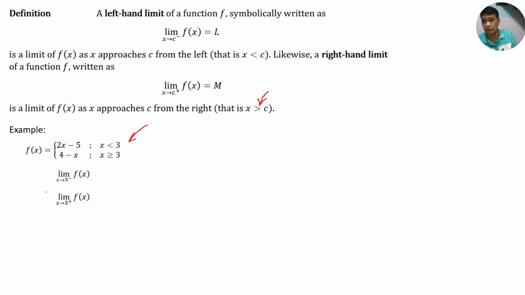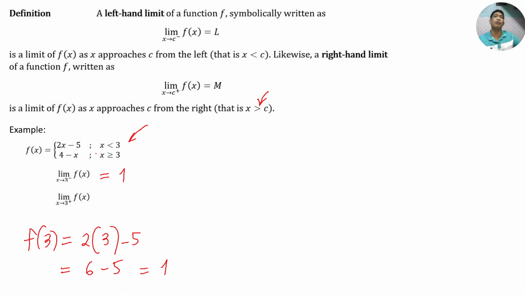So if we try to substitute f of 3, which is equal to 2 times 3 minus 5, that gives us 6 minus 5, that is equal to 1. So the value it approached from the left of x is equal to 3 is equal to 1.